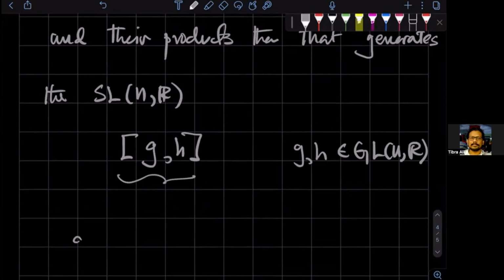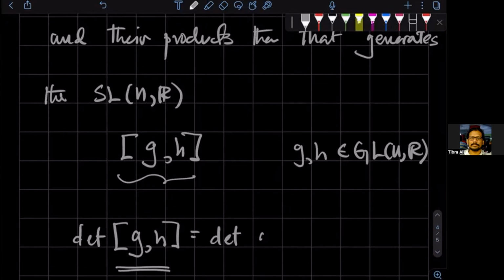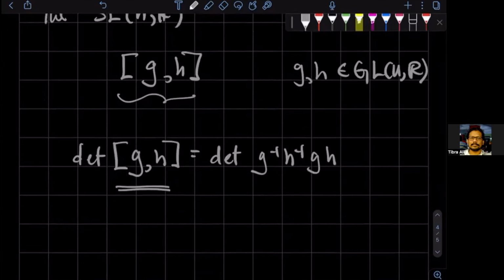But now if I take the determinant of this commutator, what is the definition of commutator? It's G inverse, H inverse, G, H. But these are all elements of GLNR, so they all have non-zero determinant.